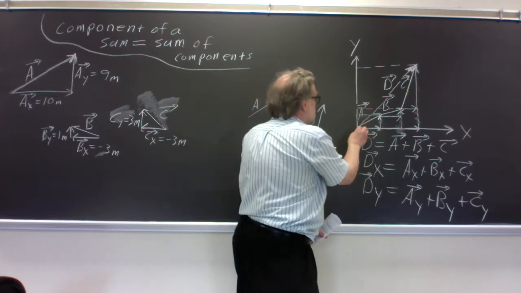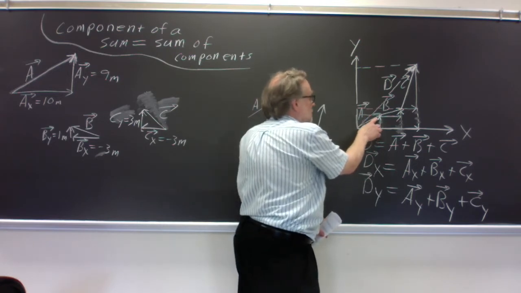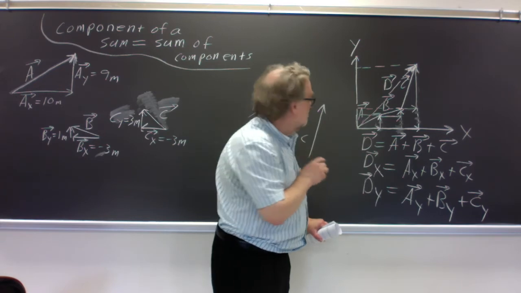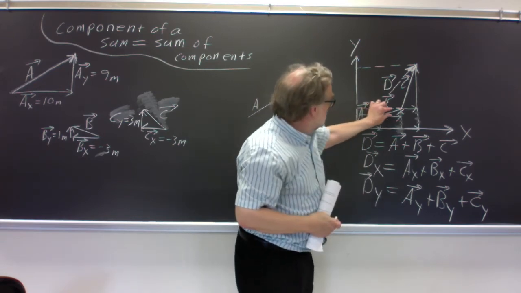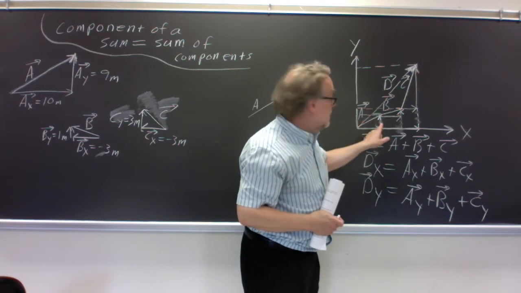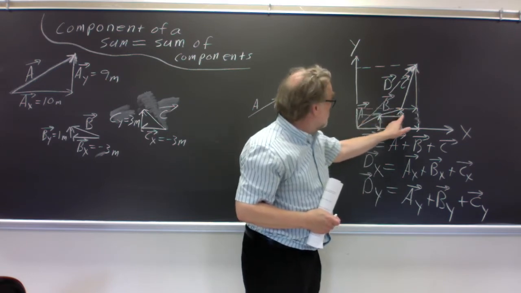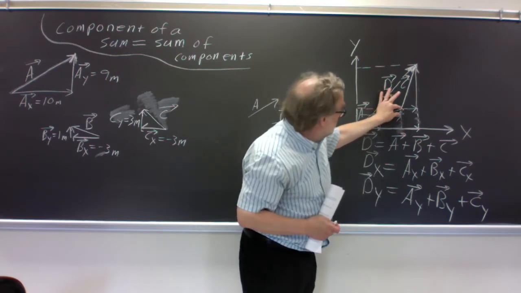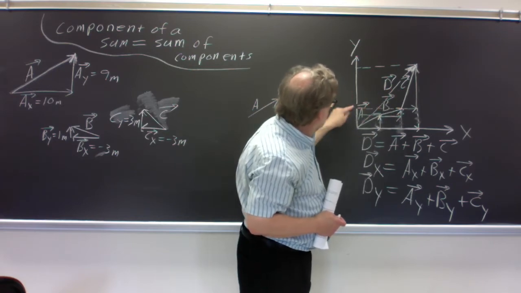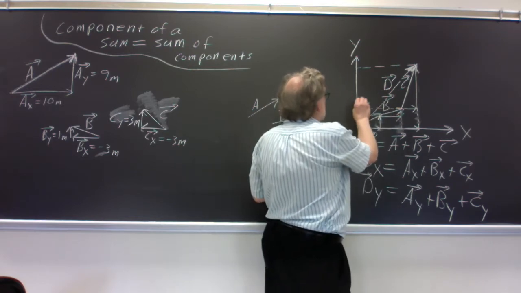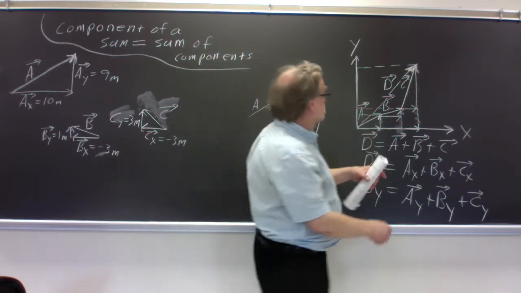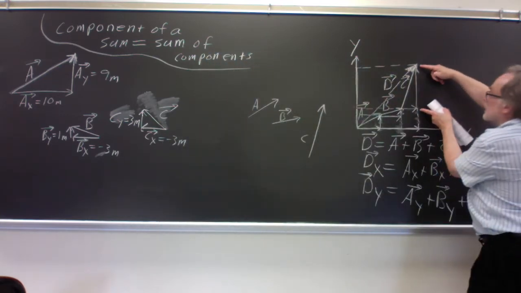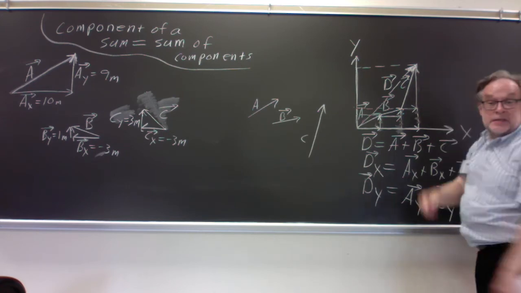This much distance is the y component of A. This much distance is the y component of B. Here's the x component of B, here's the y component of B. And then all this distance is the y component of C. Here's the y component of C, and it's just equal to that distance.